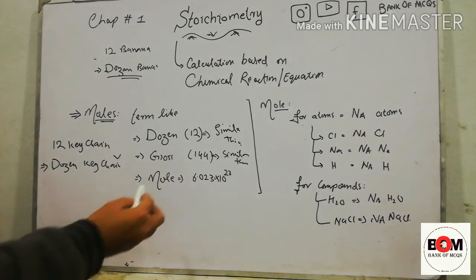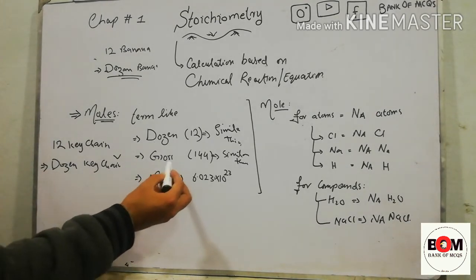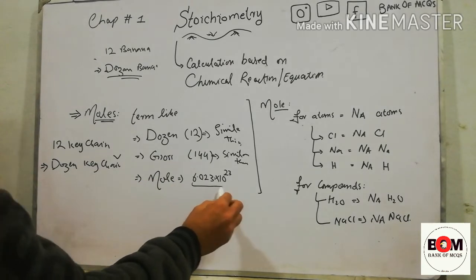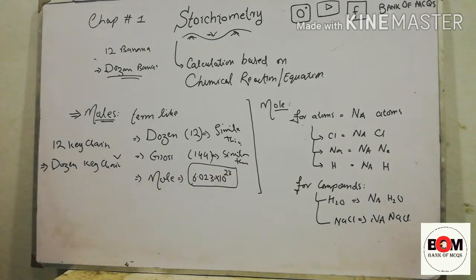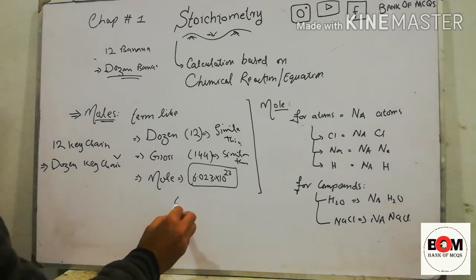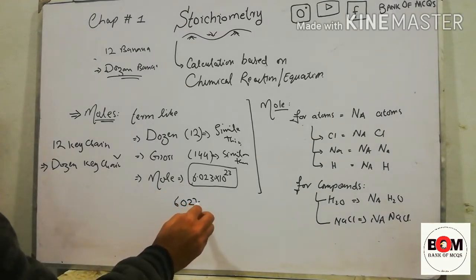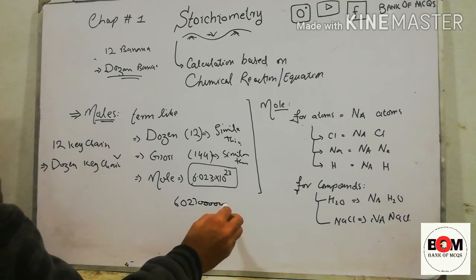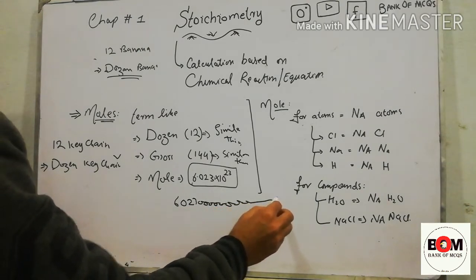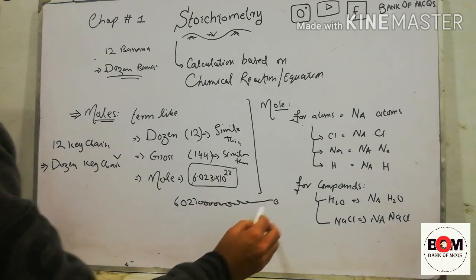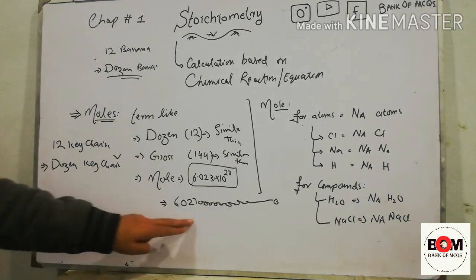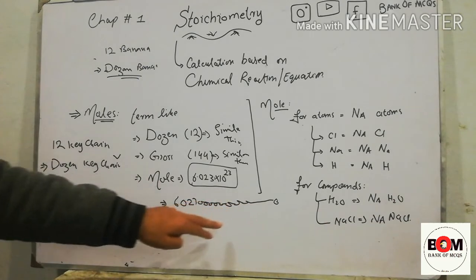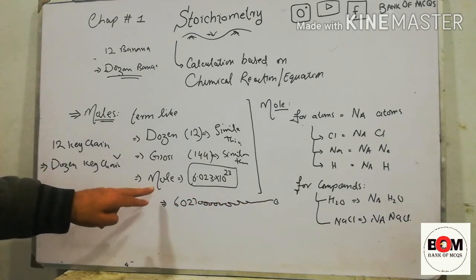Now mole is a term like dozen and gross, but it is used when we have 6.023 multiplied by 10 raised to power 23. This is a huge number. If we have that number of things, we call it 1 mole.